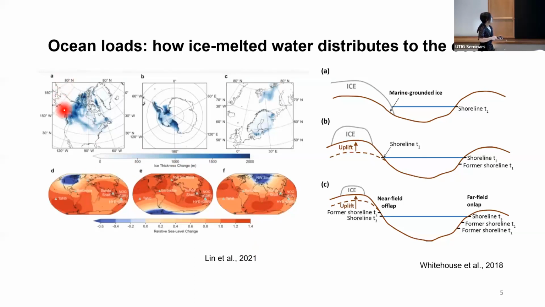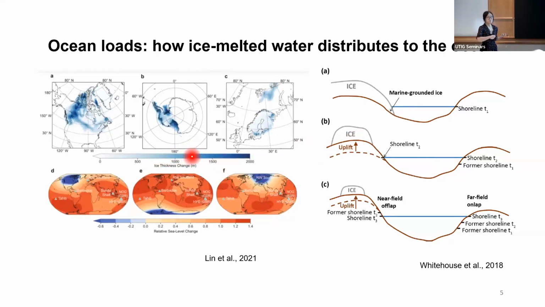It shows the amount of ice melt, and the elastic response if that ice melted into water, and how sea level changes globally. You can see it is distributed into the ocean not as a constant, but with a spatial pattern, right? Close to the previous ice there is sea level fall, and if we go further to the far field, there is sea level rise.